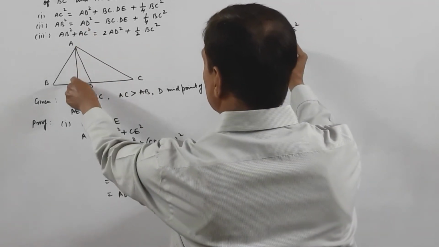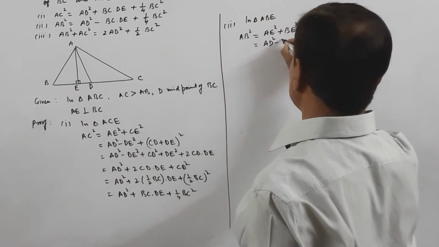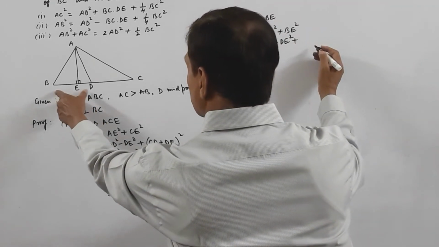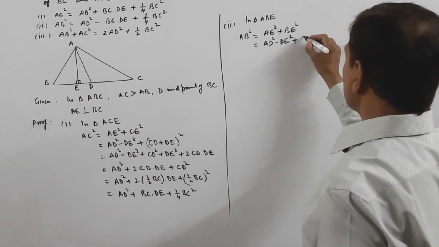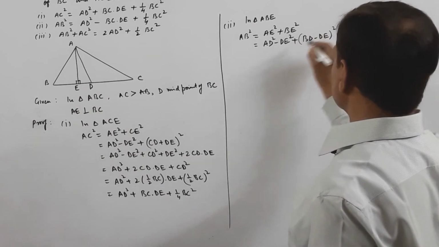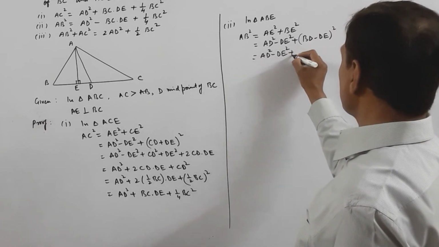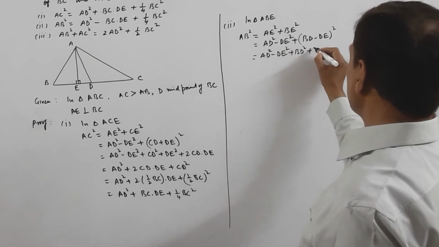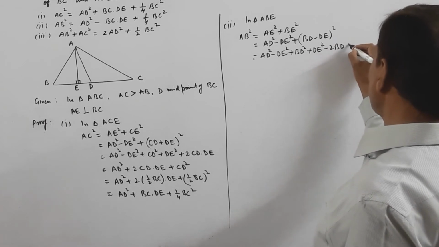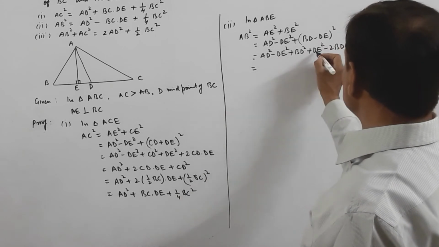So AE² is equal to AD² minus DE². So this is AD² minus DE² plus BE, which may be written as BD minus DE, so (BD − DE)². This is equal to AD² − DE² + BD² + DE² − 2·BD·DE, and DE² is cancelled.